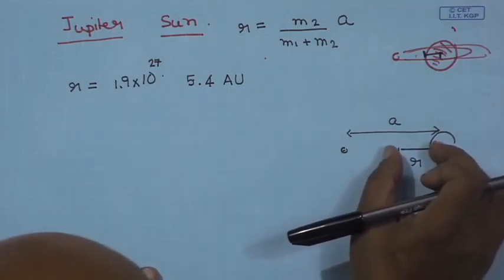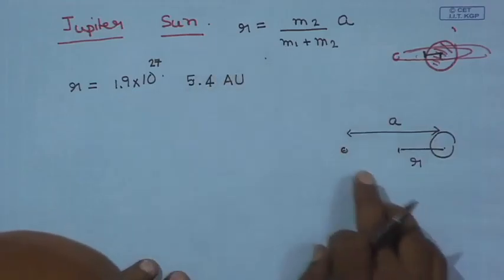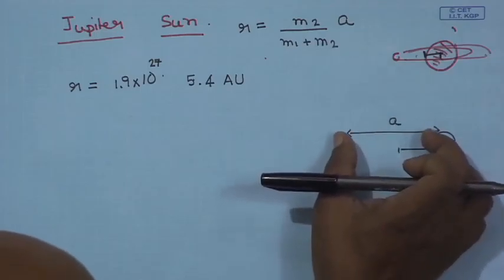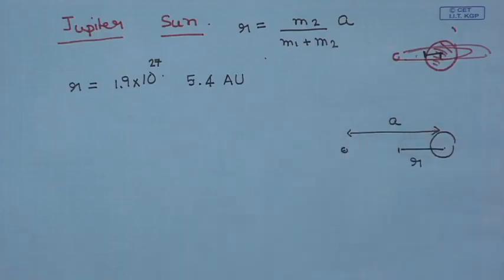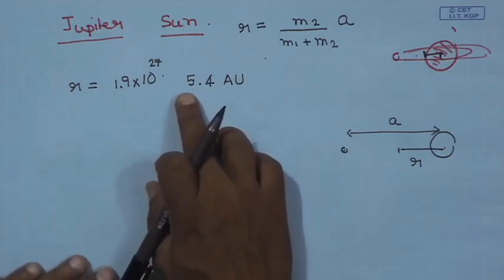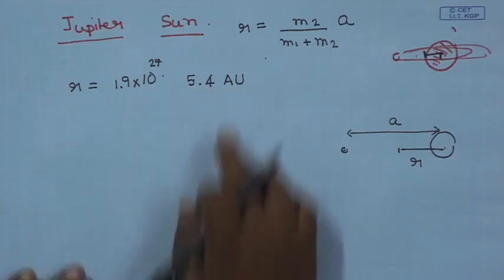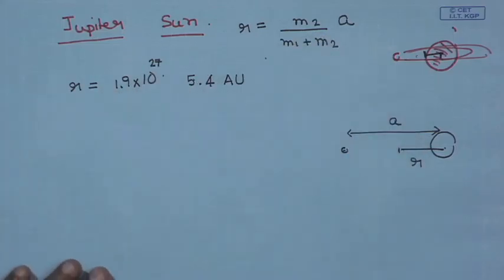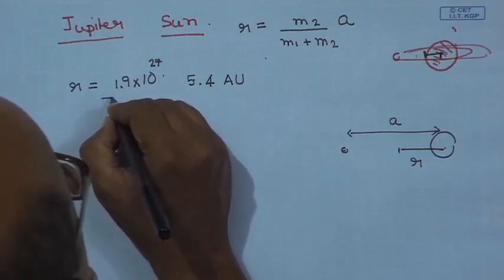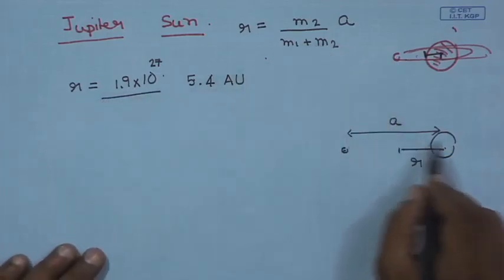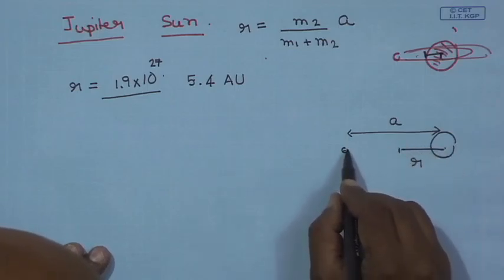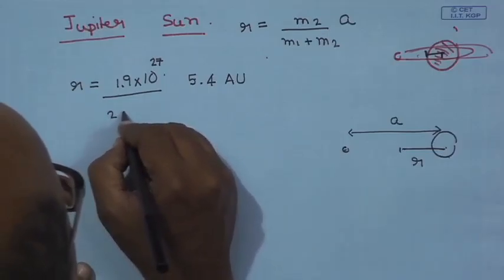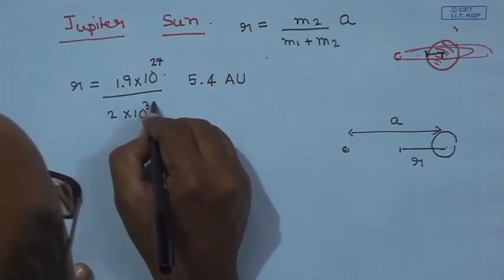So, the distance between the Sun and the center of mass is going to be the mass of Jupiter divided by the total mass, times the Sun Jupiter distance, which we have just seen is 5.4 astronomical units. The mass of Jupiter is 1.9 into 10 to the power 27 kg, and we divide this by the total of the two masses. When calculating the total we can ignore the mass of Jupiter, since it is much smaller. The mass of the Sun is 2 into 10 to the power 30 kg.